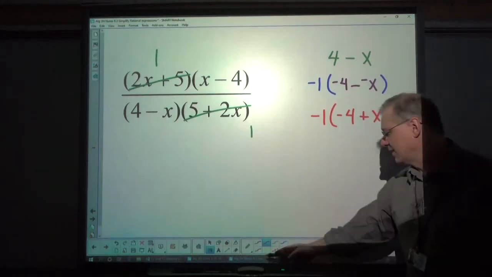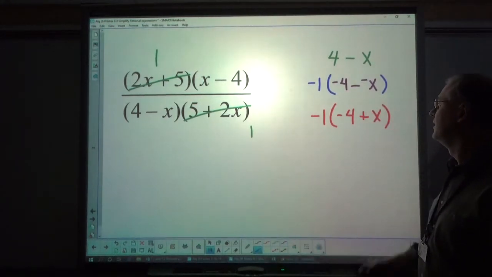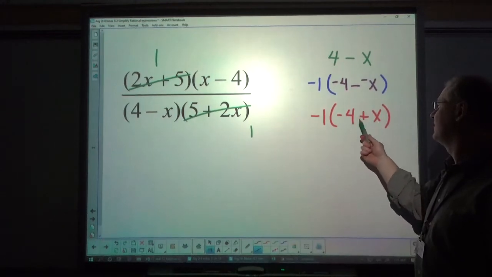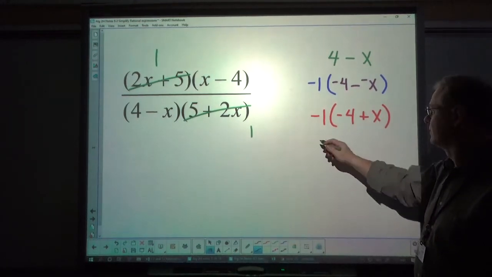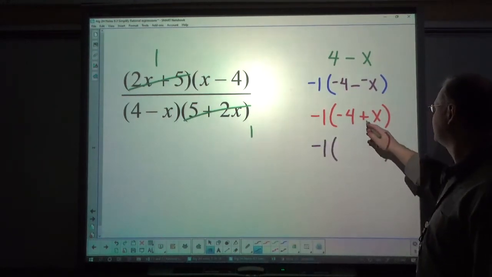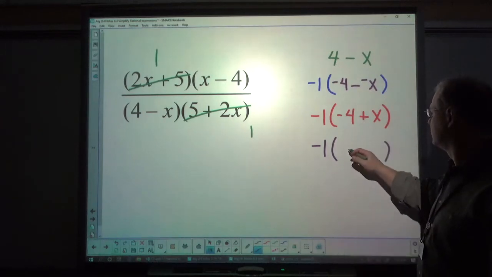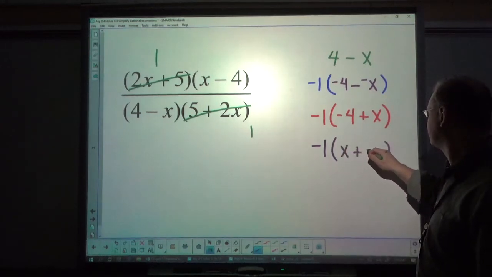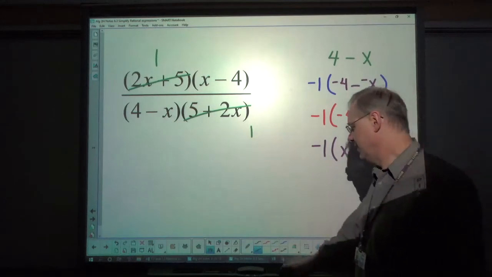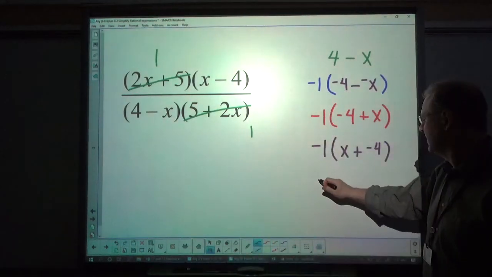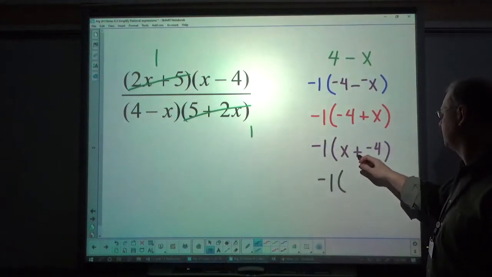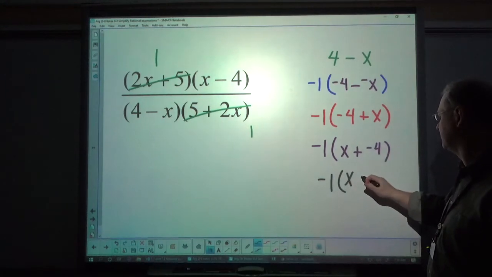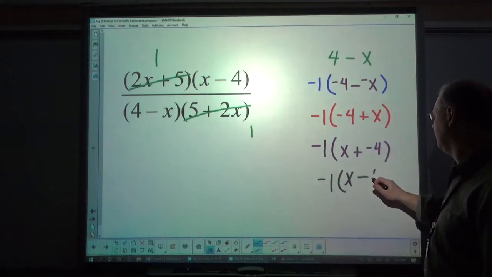And now, when I have this, I can rewrite it. I can change the order of addition to x plus negative 4. And finally, I can say that x plus a negative is the same as subtracting a positive.